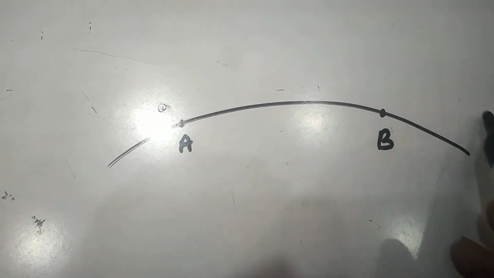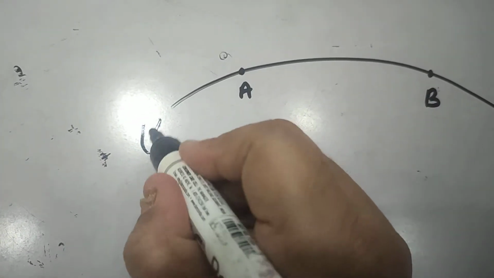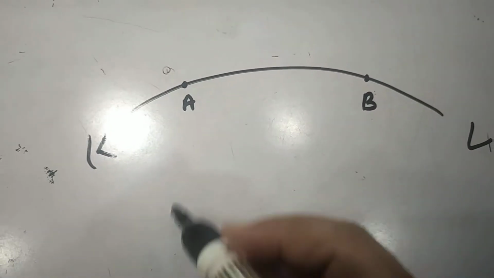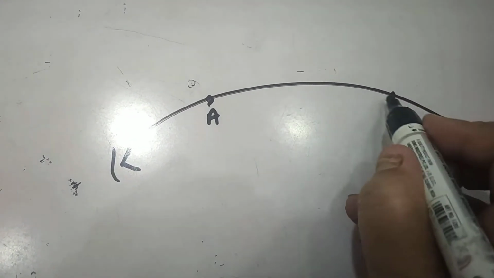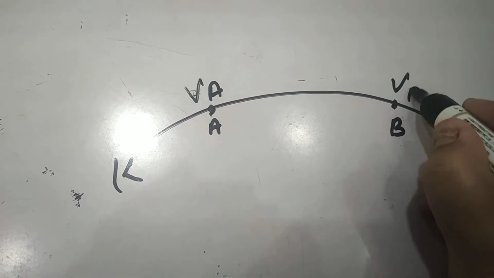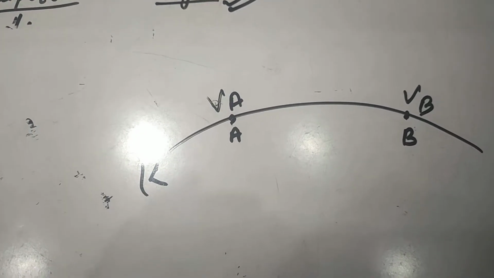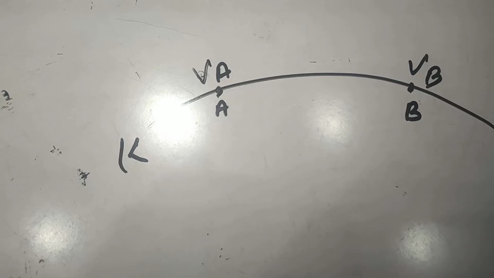Now to prove this, let us consider we are having an equipotential surface, represented as K and L, and A and B are two points on the equipotential surface. VA and VB are the potentials at these two points.